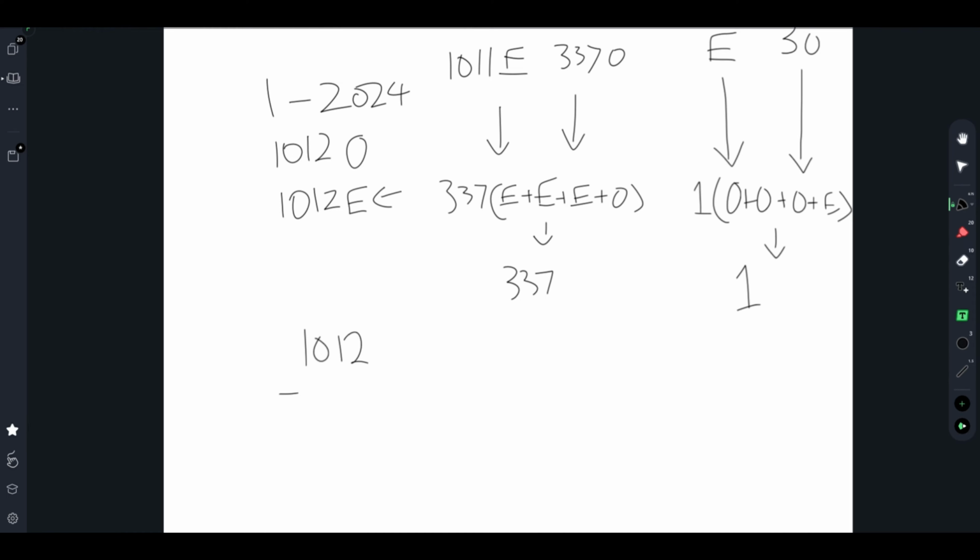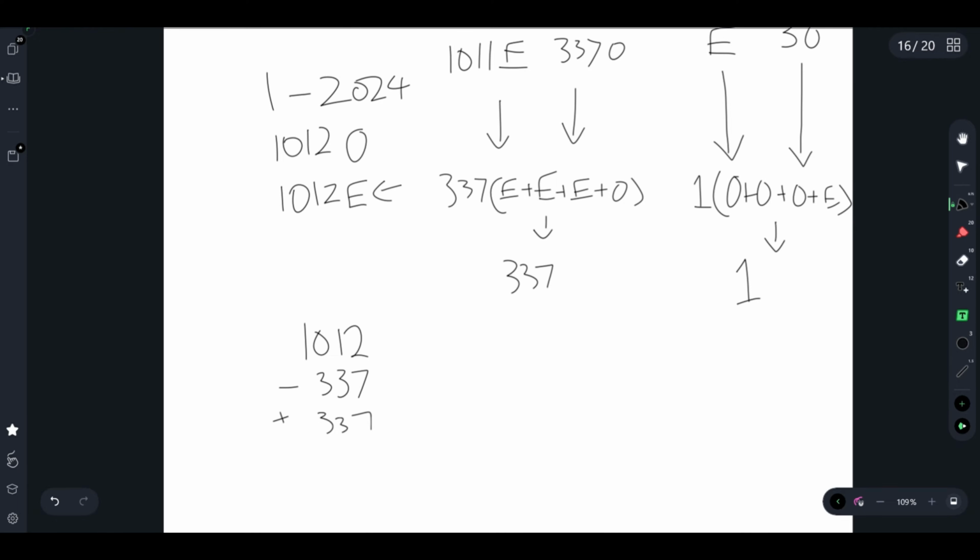We have to subtract 337 because we used these in the sum, we get back 337. We use 3, we get back 1. So using this gets 0. This gets minus 2. So 1012 minus 2 is 1010.